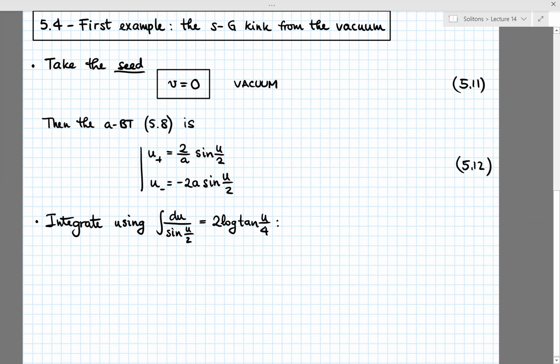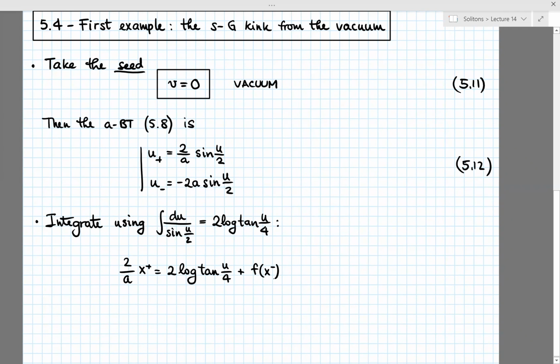So when we integrate the first differential equation, which involves a derivative with respect to x plus, we find that 2 over a x plus is equal to 2 log tan of u over 4 plus an integration constant, which is constant with respect to x plus, but in general will depend on x minus. So I'll call that f of x minus.